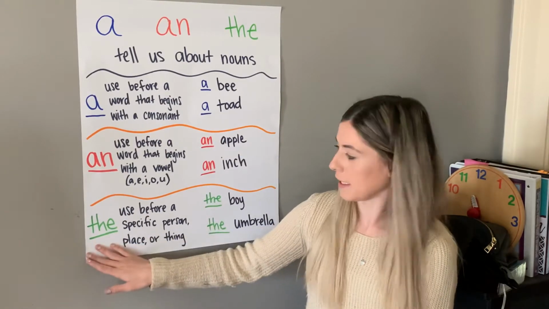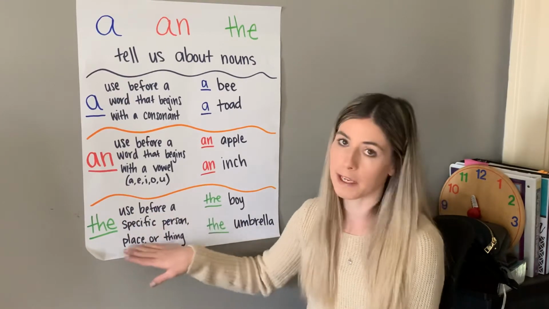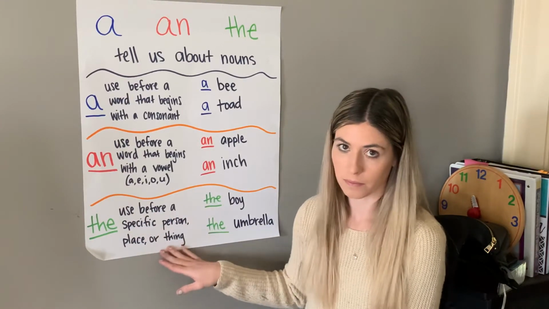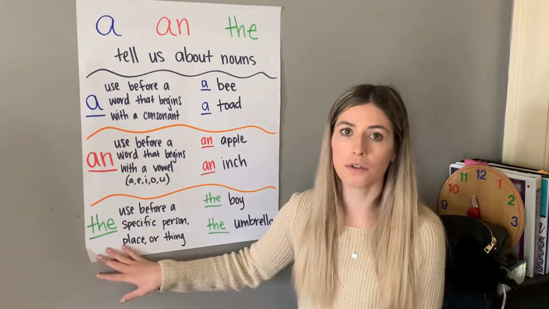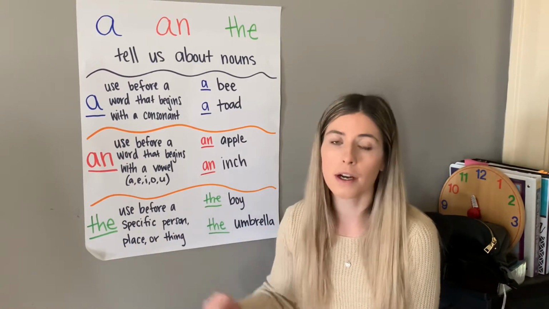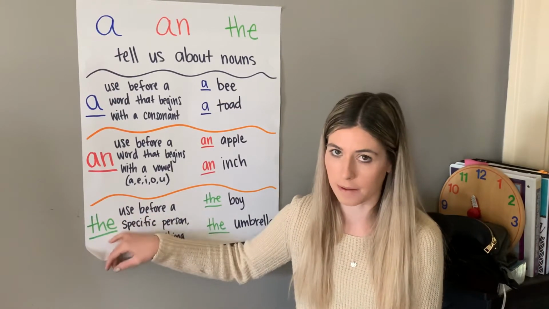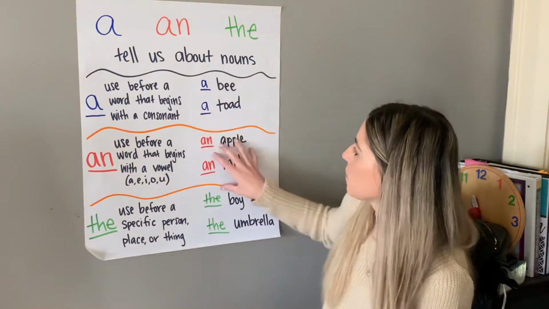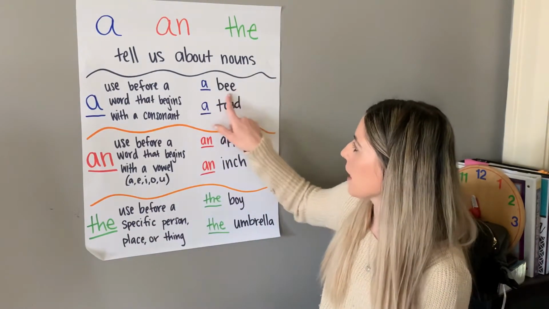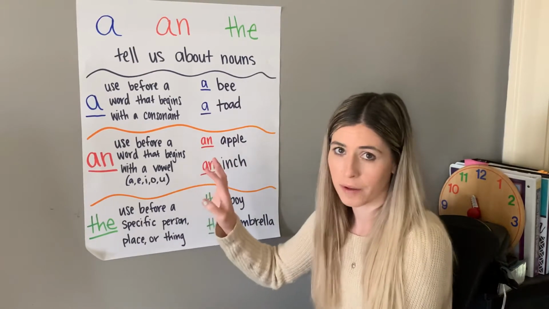Next we have the word the. The is a little bit different. The is used before a specific person, place, or thing. The can be used with words that start with a consonant or a vowel. It doesn't matter, but it's if we are talking about a specific thing. So these ones, a bee or a toad, would be any bee, any toad.